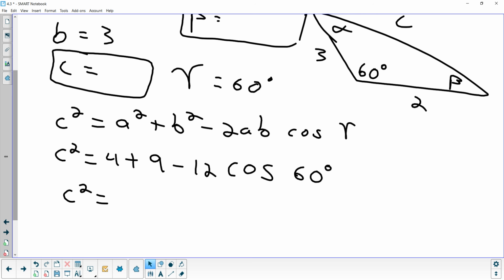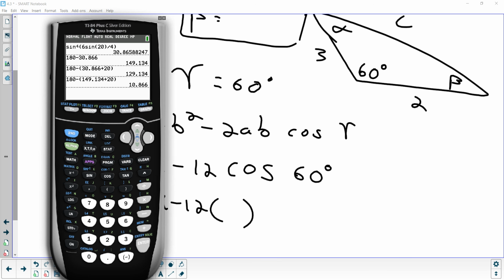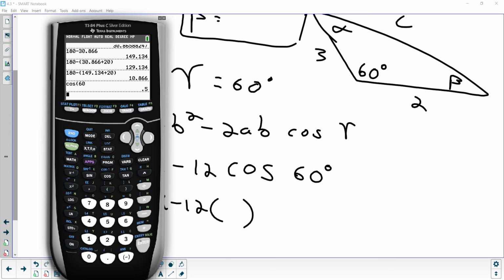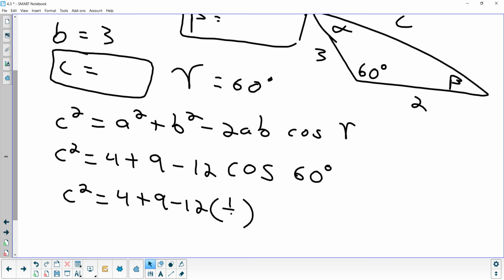Okay, when we do order of operations, what should we do first on the right-hand side? Tom? The cosine 60. Yeah, you always handle your trig function first, right? Cosine of 60. So let's do that. And the cosine of 60 is going to give me 1/2, 0.5.